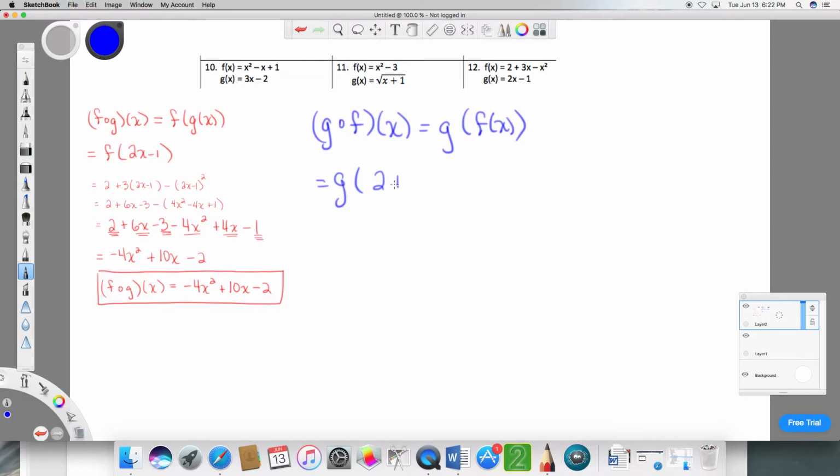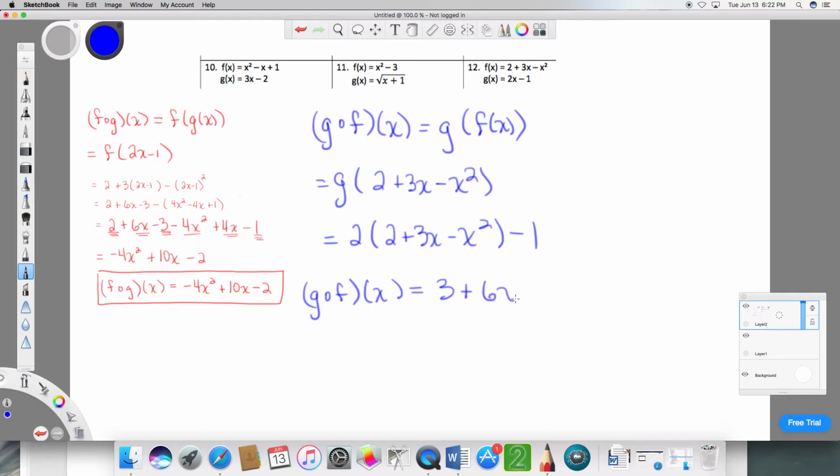F is 2 plus 3x minus x squared. So what does g do to this input? G always creates a subtraction problem. Then 2 times the input minus 1, where this new function is, well, 4, but minus 1 is 3 plus 6x minus 2x squared.